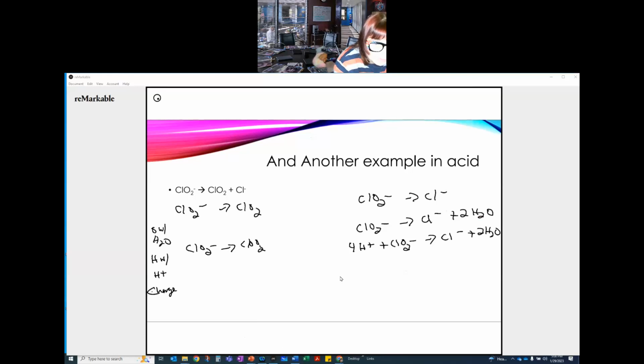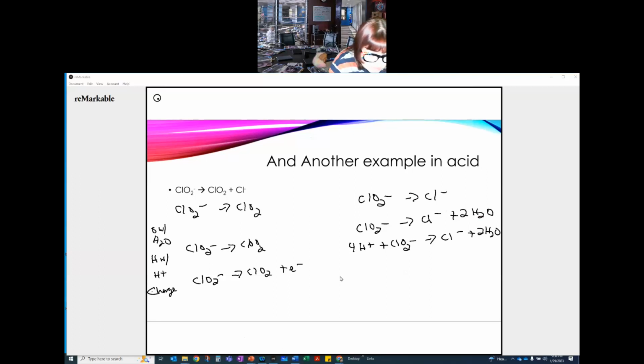ClO2 minus goes to ClO2. Notice that there is a minus charge on one side, not on the other side. So ClO2 minus goes to ClO2 plus an electron. Over here on the reactant side, I have a 4 plus minus 1, that's 3 plus, and I have a minus 1 on the other side. So I need to go from 3 plus to 1 minus.